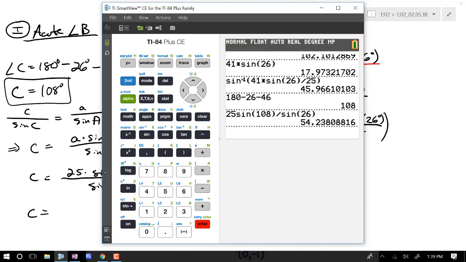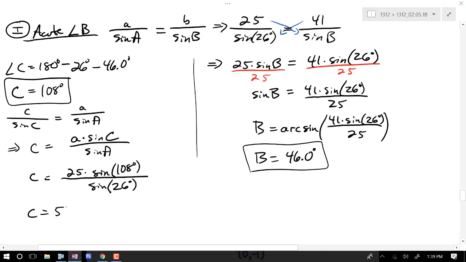So 54.24. That would be in centimeters, I think.